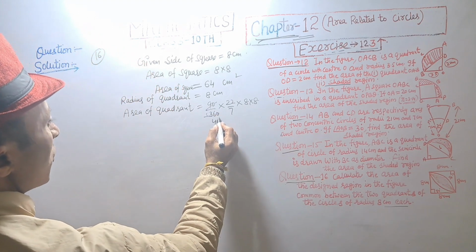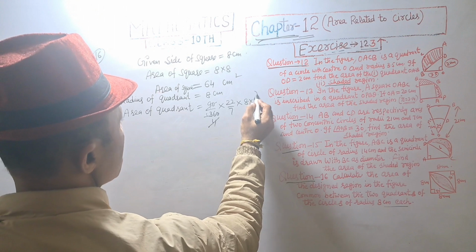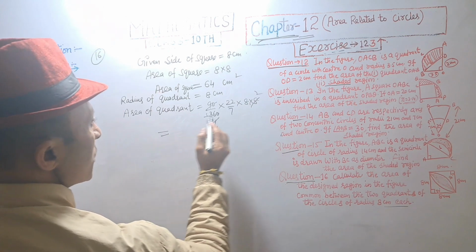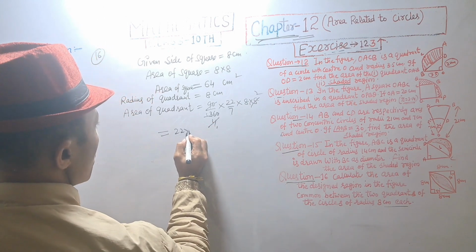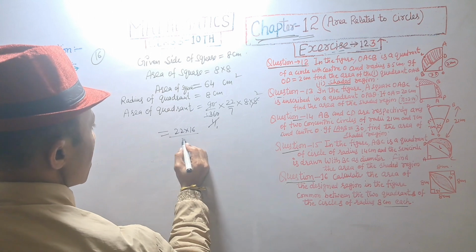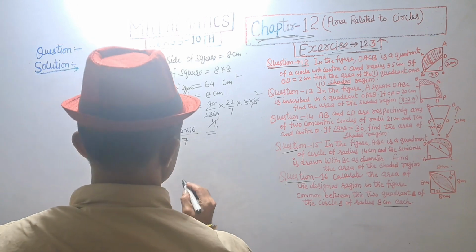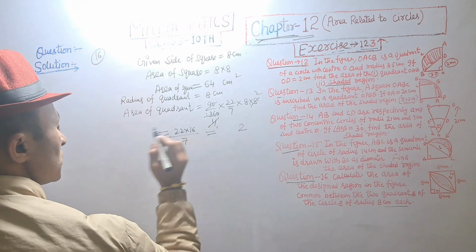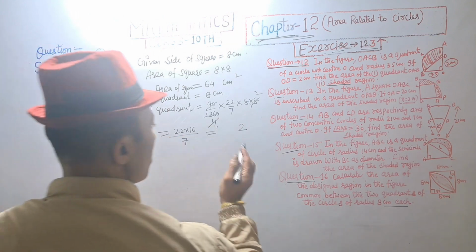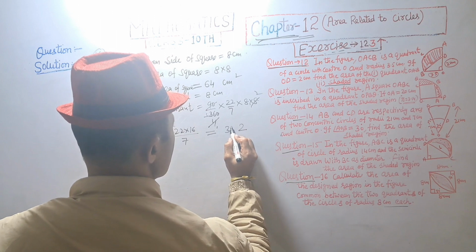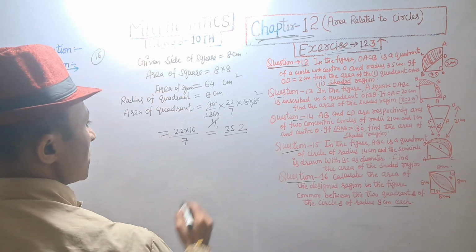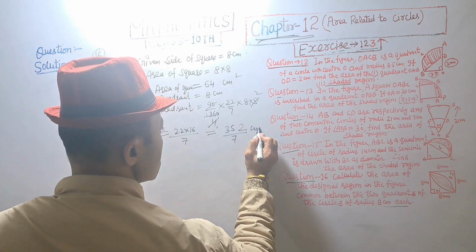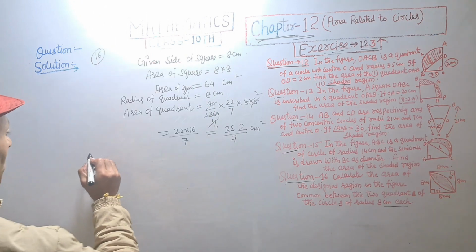This is cancelled by 4, and 4 2s are 8, equal to 22 into 16 divided by 7, that is equal to 352 divided by 7 centimeter square.